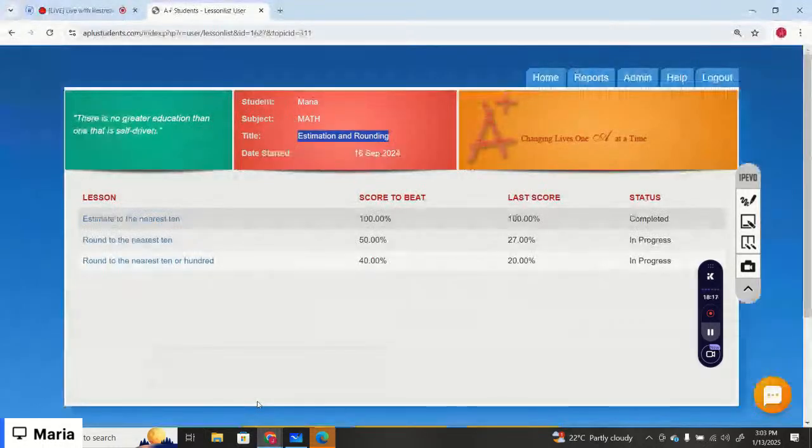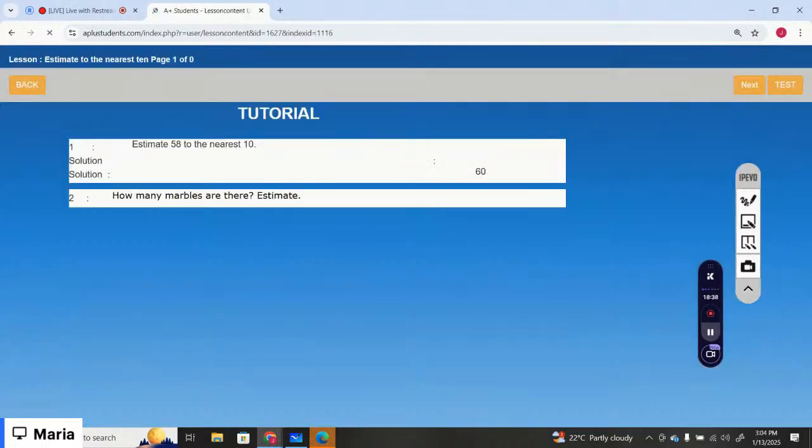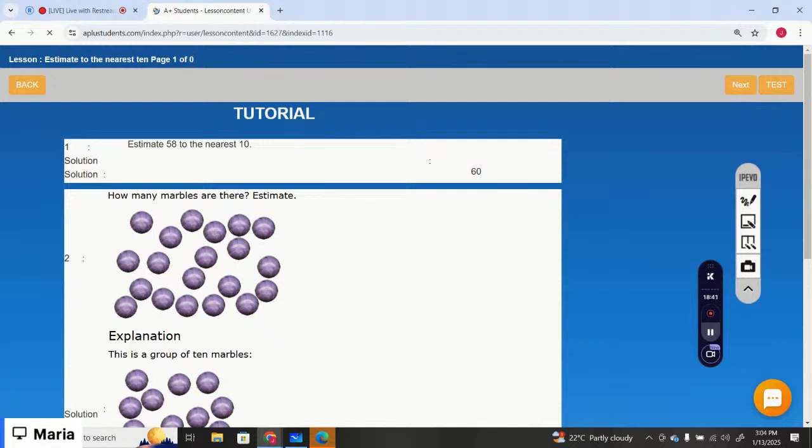Here I am on grade 2 math. The chapter we are on right now is estimation and rounding. So let's just start with the lesson. The first lesson is estimate to nearest 10. Estimate 58 to nearest 10.